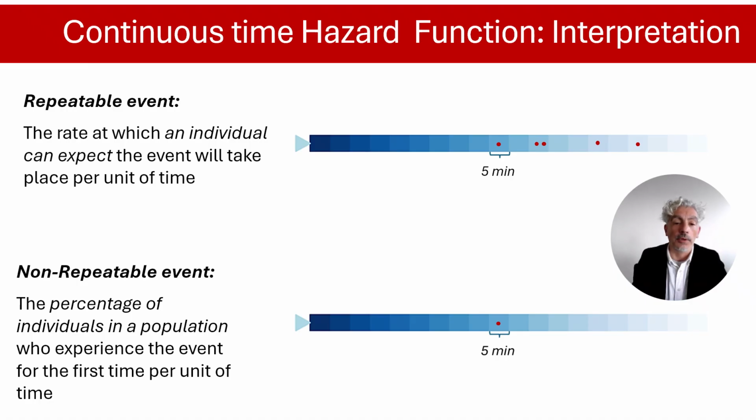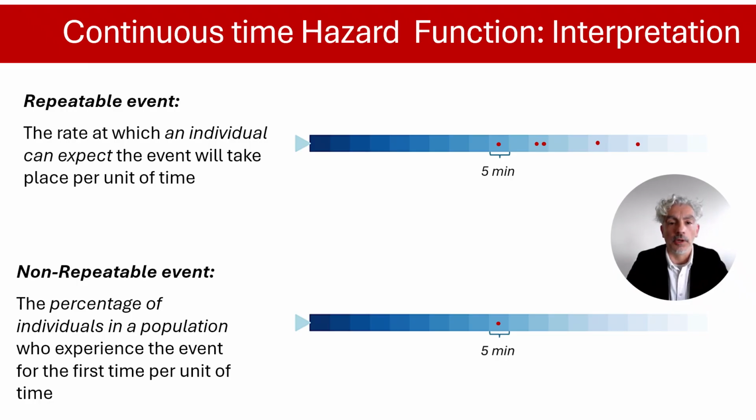For example, if we are studying cravings for cigarettes, and we consider that cravings can happen more than once in a day, the hazard function here will represent the expected number of cravings of an individual per 5 minutes, per units of 5 minutes.